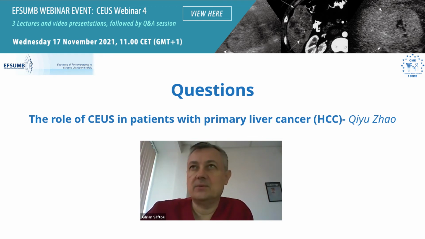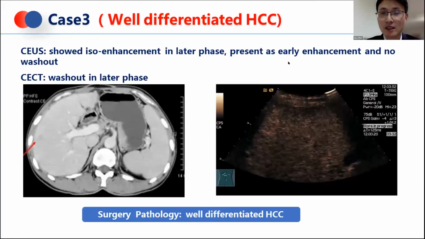The question is why there are differences between ultrasound and CT contrast enhancement in the late phase. It's a very good question. And we know the ultrasound contrast agent is a pure blood pool agent.